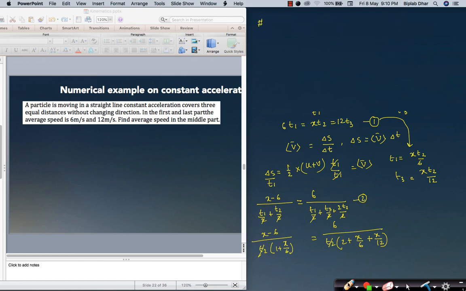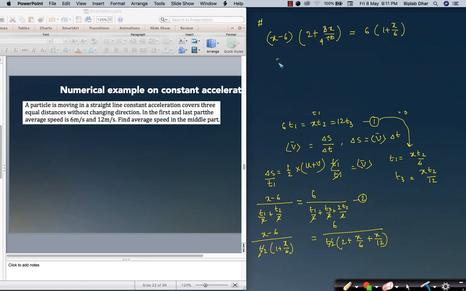Now let us try to solve this equation. So you can see it is (x minus 6) multiplied with (2 plus 3x by 12) is equal to 6 into (1 plus x by 6). So if you solve it, it is x by 4.